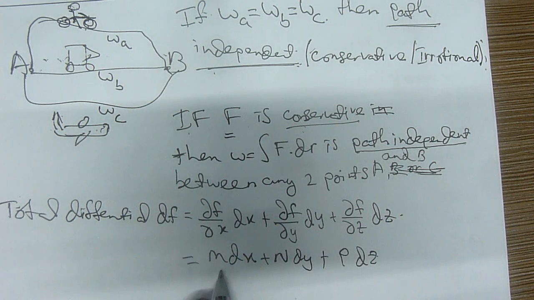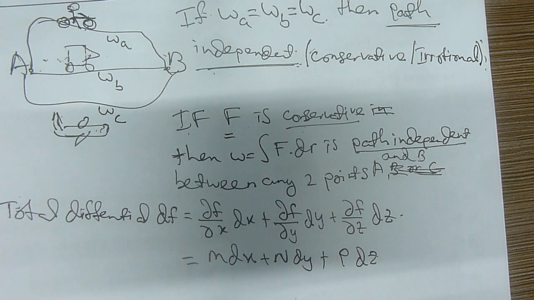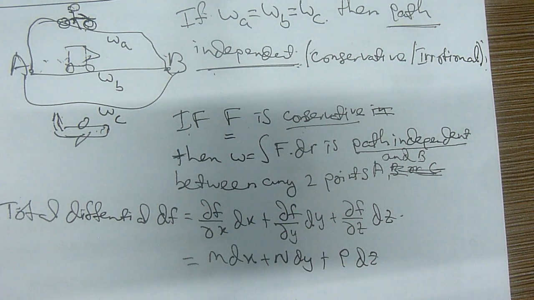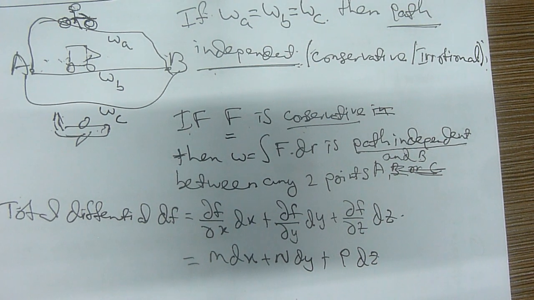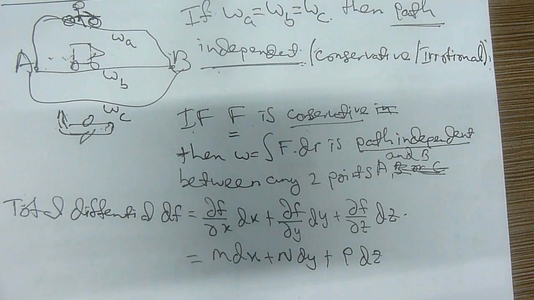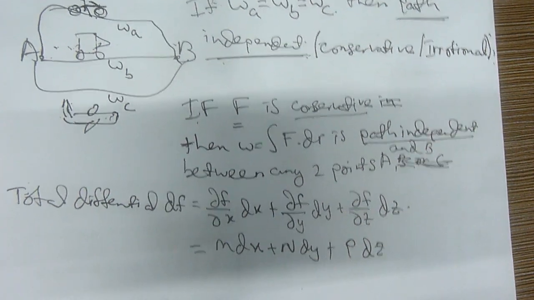You see everything is coming back. Earlier we learned this in first order and second order equations, when we learned exact and unexact. This one is totally related to that.